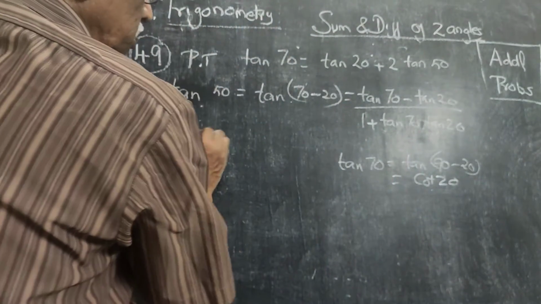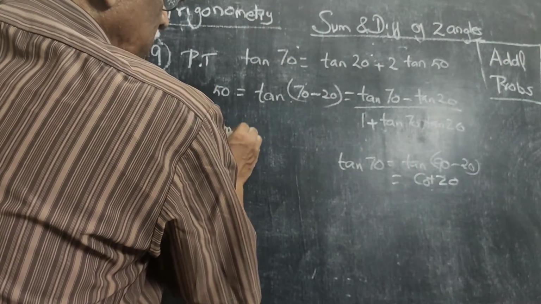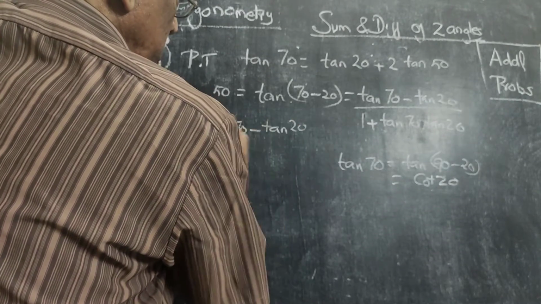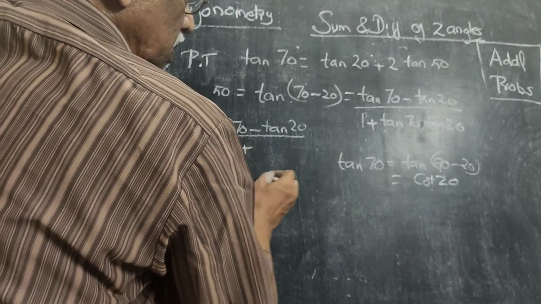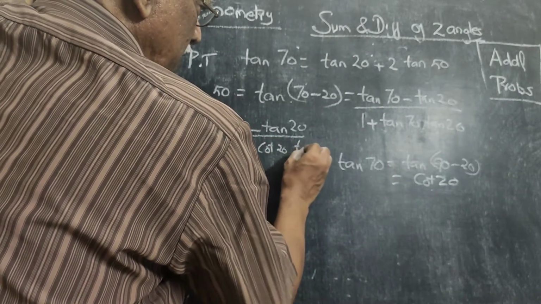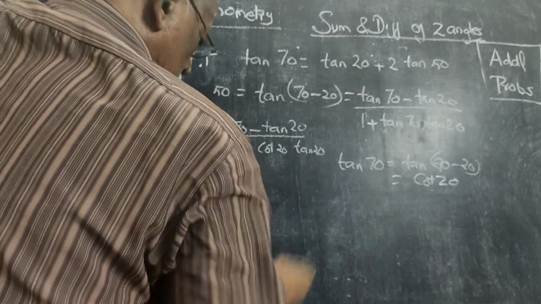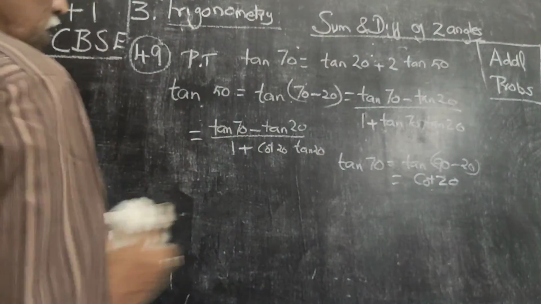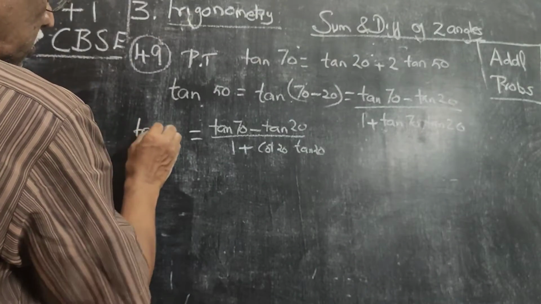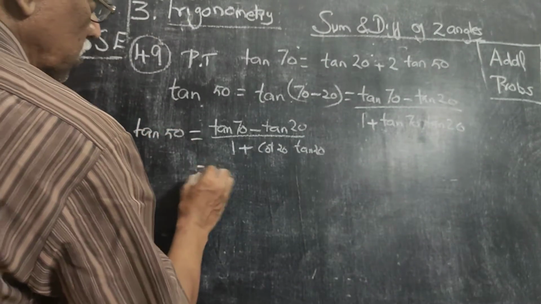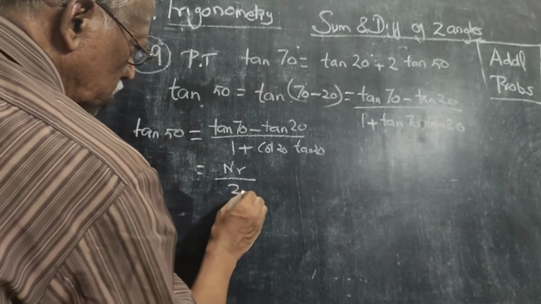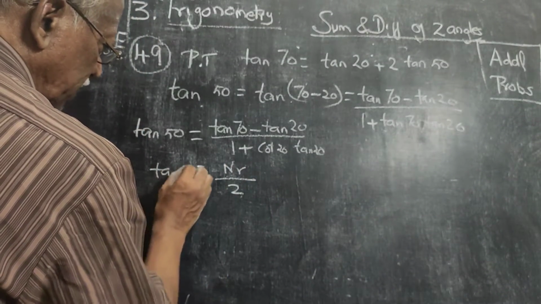So this becomes tan 70 minus tan 20 divided by 1 plus cot 20 and tan 20. Cot 20 and tan 20 are reciprocals, so they become 1. So tan 50 equals, the numerator will be as it is, and the denominator is 2. So this is your tan 50.